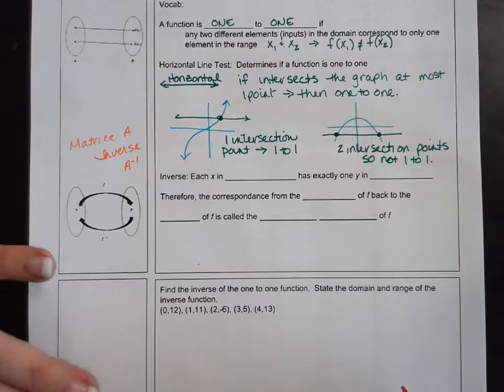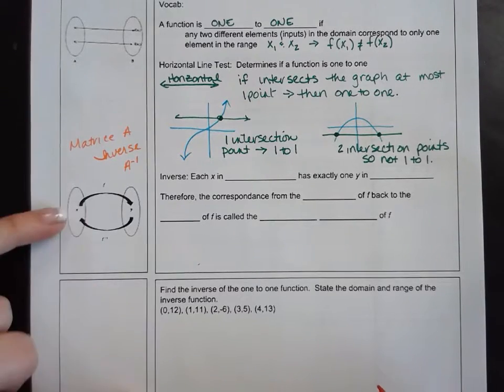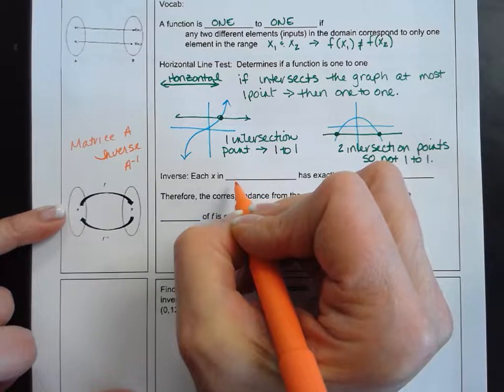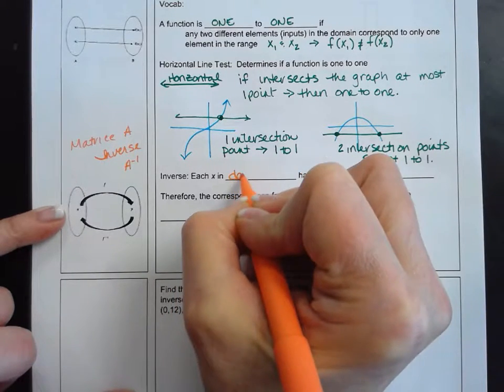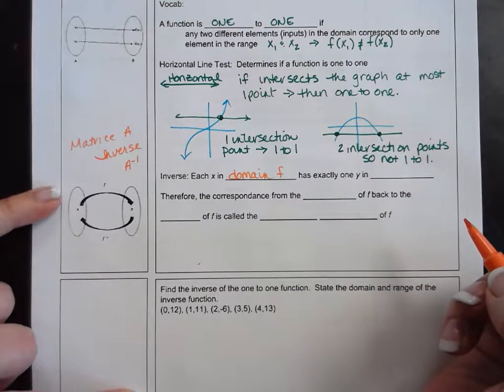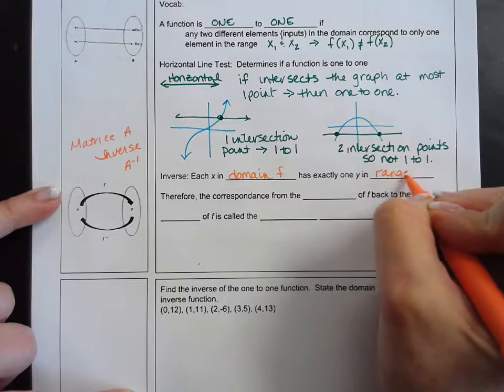But basically, what it says is that for each x in the domain of f has exactly one y in the range of f.